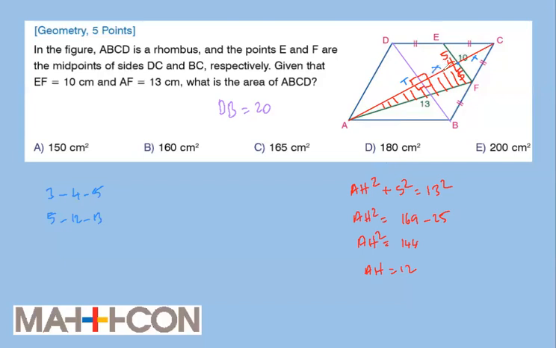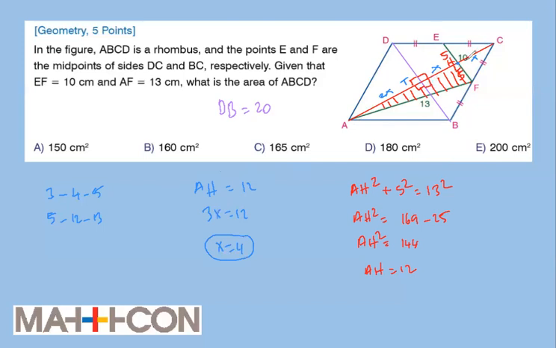And this distance is 2X, and from this point to this point has to be 2X as well, because this is a rhombus, and the diagonals intersect each other at the midpoint. So we know AH was 12, which is what we got, and that is 3X equals 12. So X should be 4.